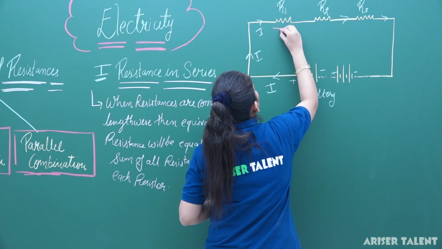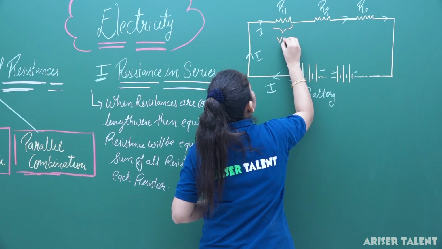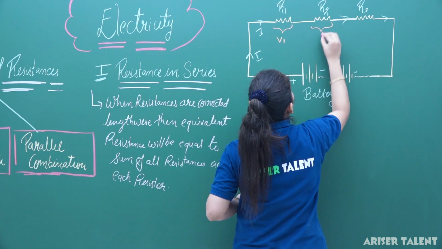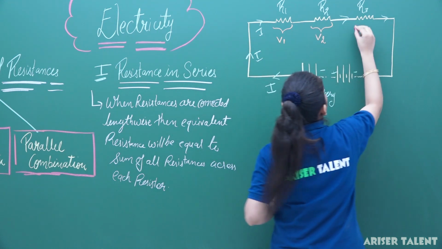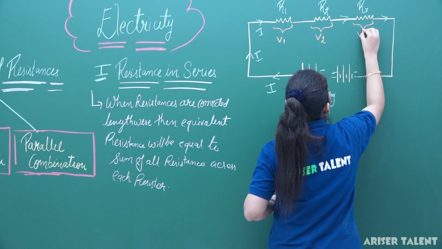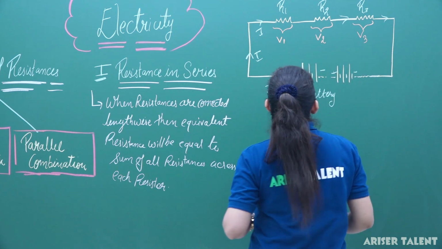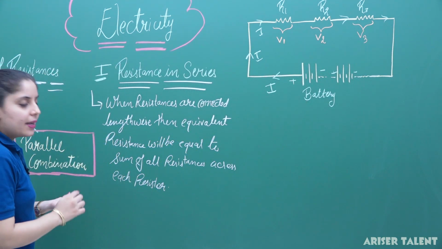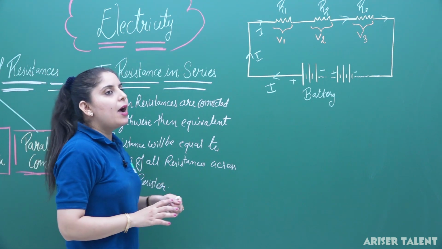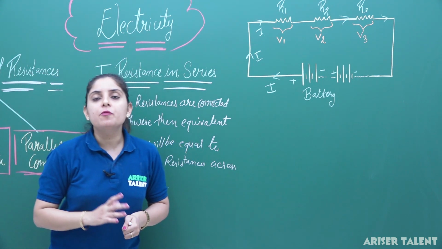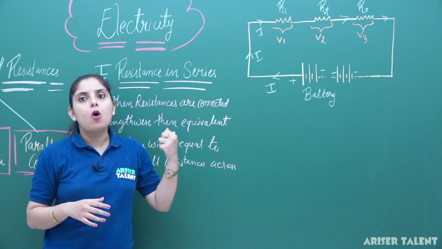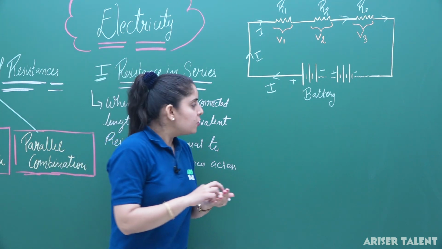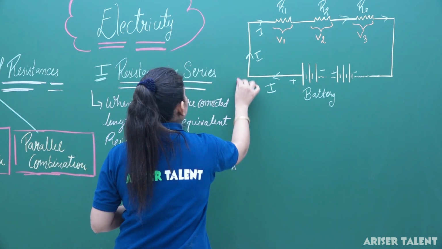So the voltage here will be V1, here the voltage drop will be V2, and here the voltage drop will be V3. Now you have to derive an expression for the equivalent resistance or total resistance of the system. So let's do the derivation here.